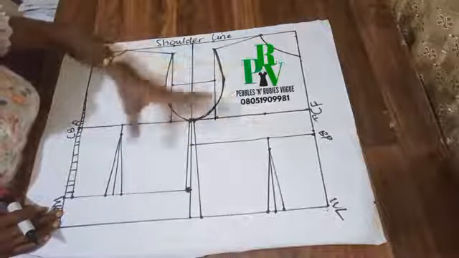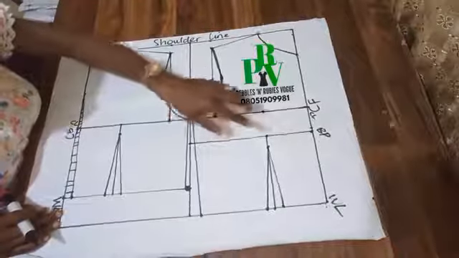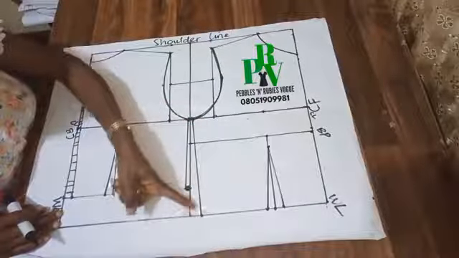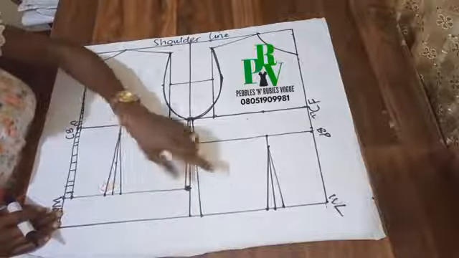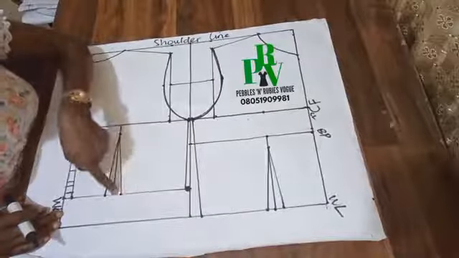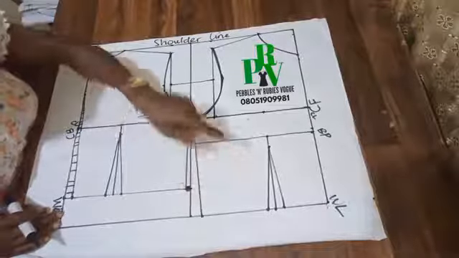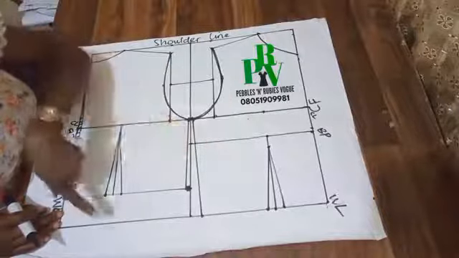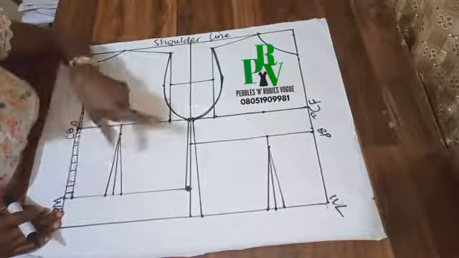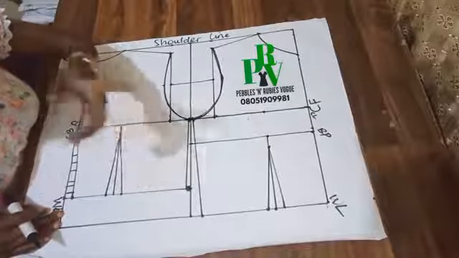That will represent our bust dart on the front block, so that we can have the sides of our block be equal. You can see that the front block is longer than the back block. There is no way we can join the two while sewing. So we have to impute our bust dart by using the difference in length of the front and back block, which is 2 inches.